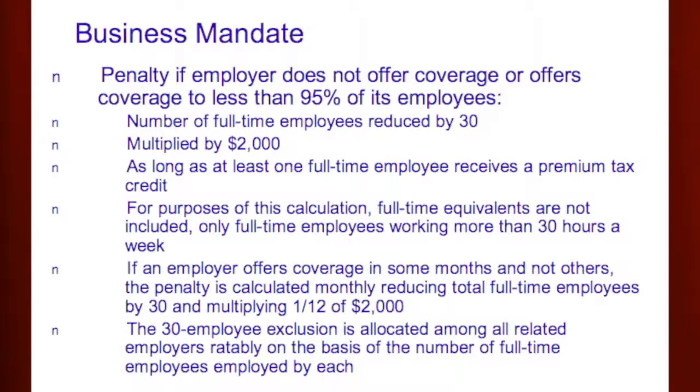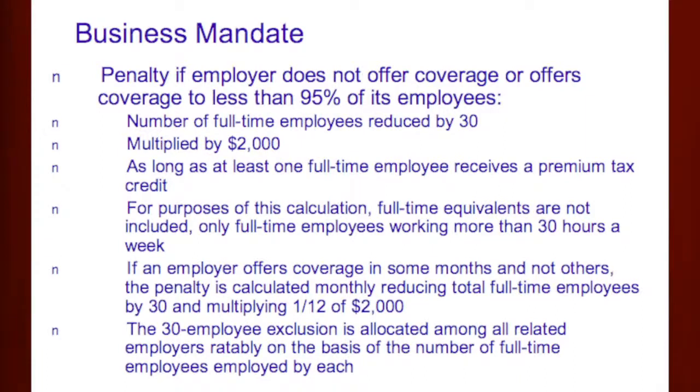If there's no coverage, the penalty amount is $2,000 per employee, but we're essentially allowed to take our total number of employees, subtract 30 from that, and then apply that $2,000 per employee penalty on the number of employees we have in excess of 30.